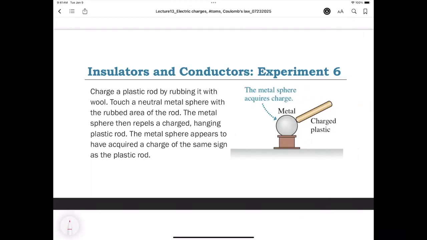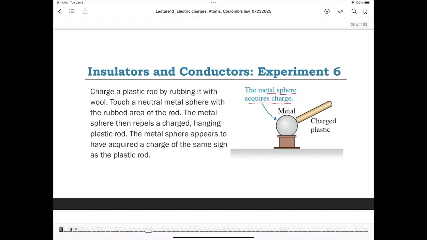Touch a neutral metal sphere with the rubbed area of the rod. The metal sphere then repels a charged hanging plastic rod. The metal sphere appears to have acquired a charge of the same sign as the plastic rod. This is the experiment we do: a metal sphere acquires charge.